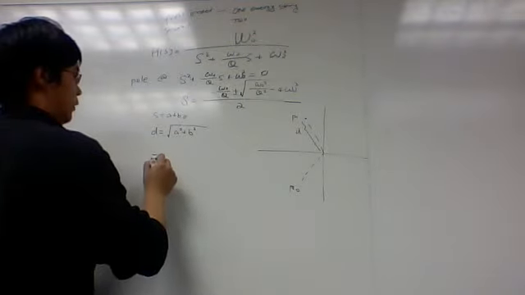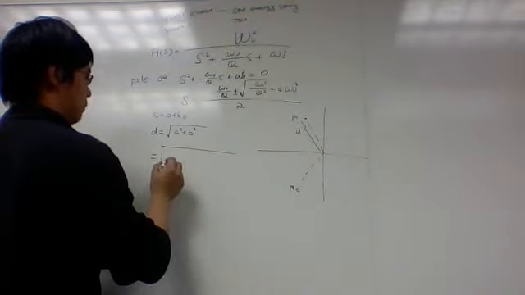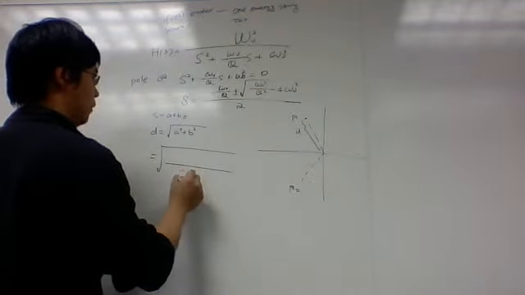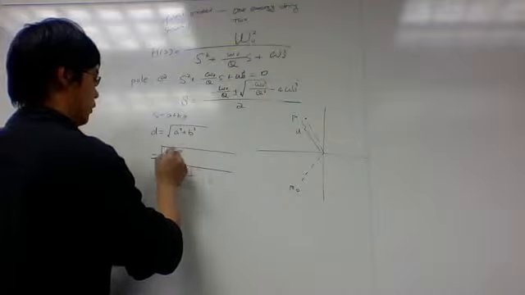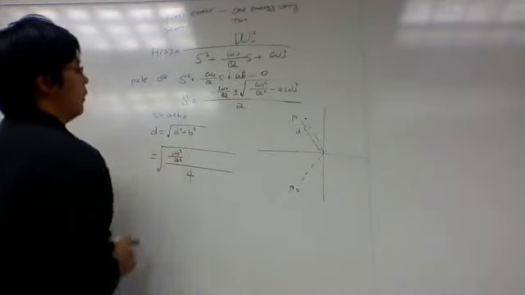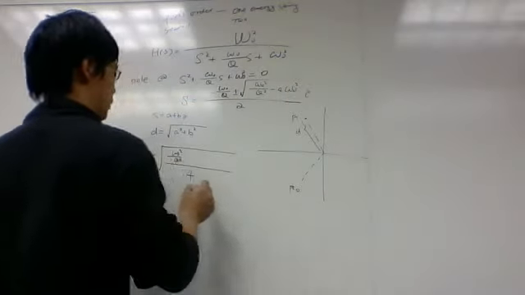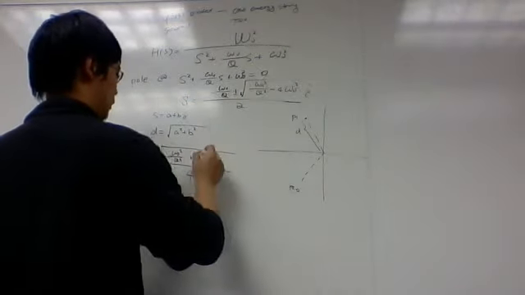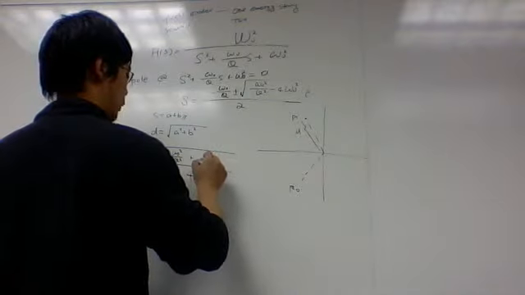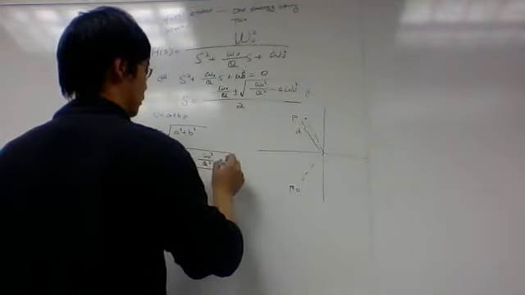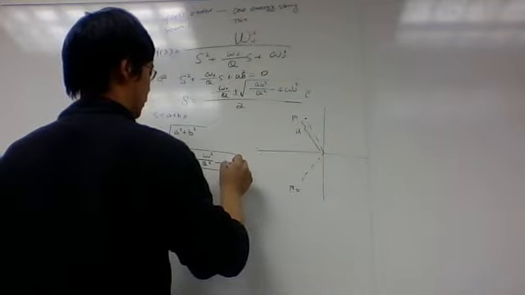So that will be the square root of this, which is omega 0 over 2Q squared, plus j, plus this one, omega 0 times the square root of 1 minus 1 over 4Q squared, right?